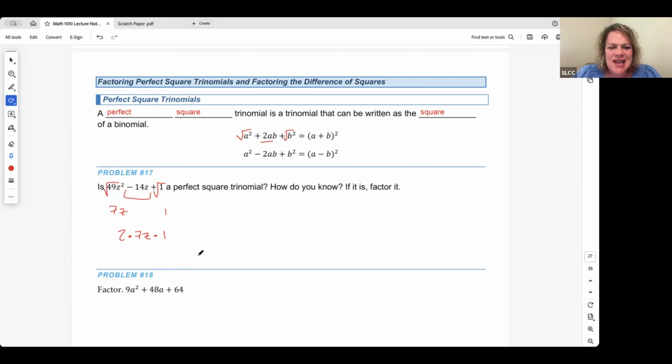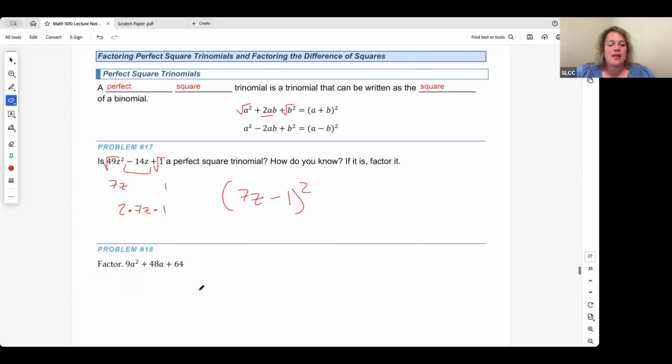Yes, but where's the negative? That comes in the template. Is it a plus b or a minus b? Now I know that a is 7z and b is 1, and if this is a quantity squared, this denotes that it's negative. 7z minus 1 quantity squared is 49z squared minus 14z plus 1.